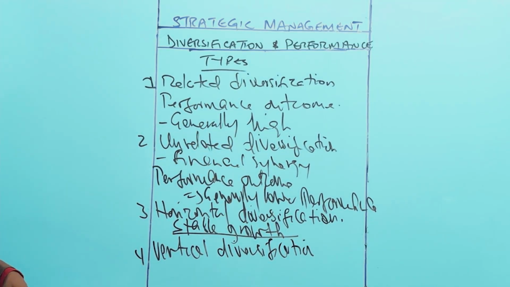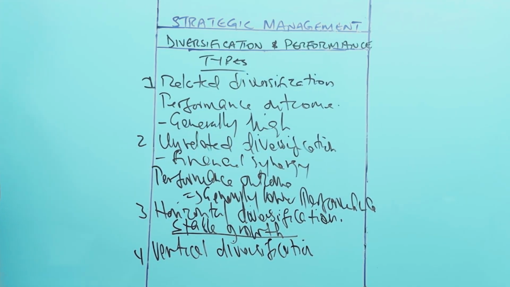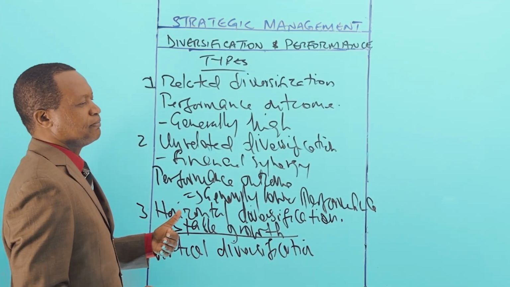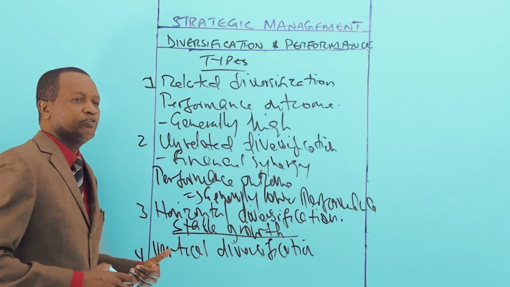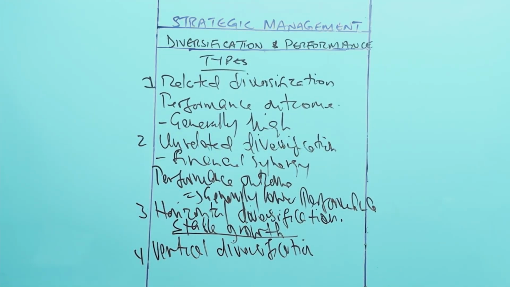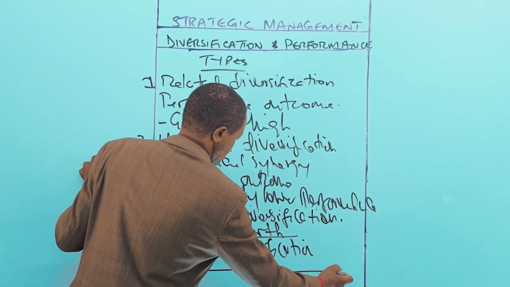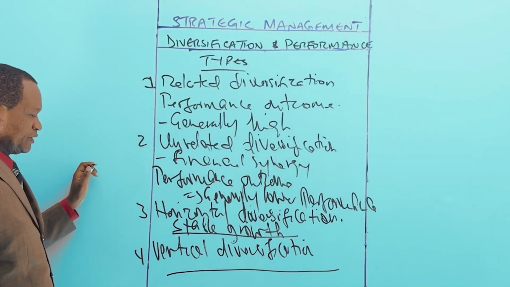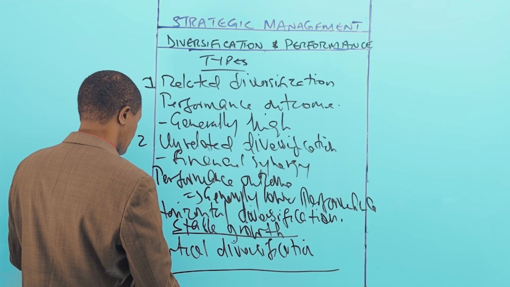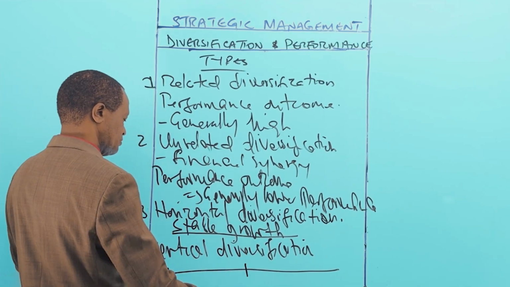Vertical diversification, on the other hand, is where the firm moves to a different stage of its own supply chain. It could be backward into raw materials or forward into distribution. So if you have a chain of supply, for example, here you have the raw materials. The firm operates here as a manufacturer.